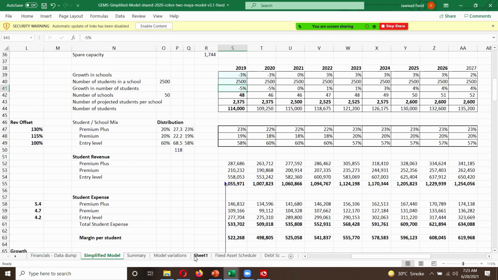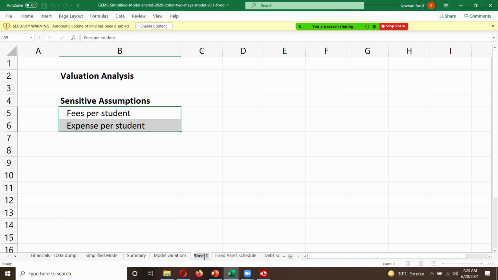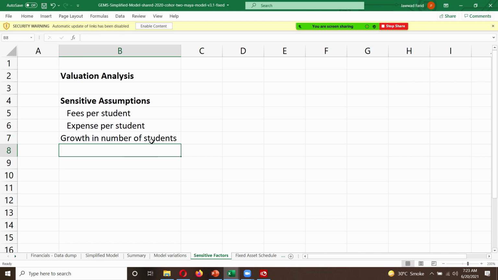So where were we? These are the sensitive factors. So I'm going to put in growth in number of students and growth in number of schools.